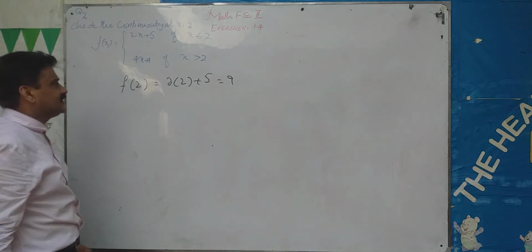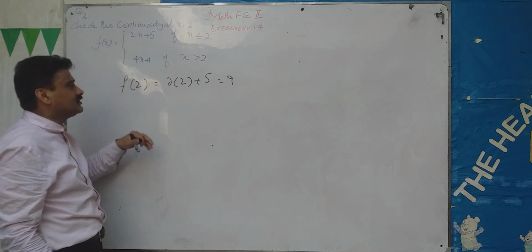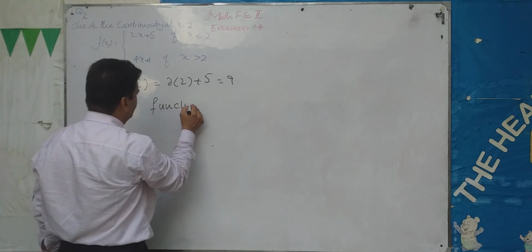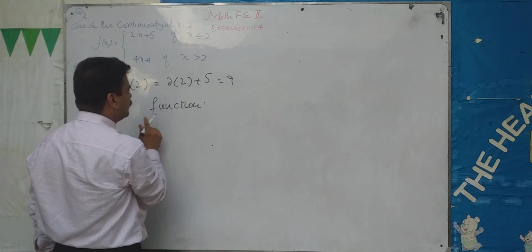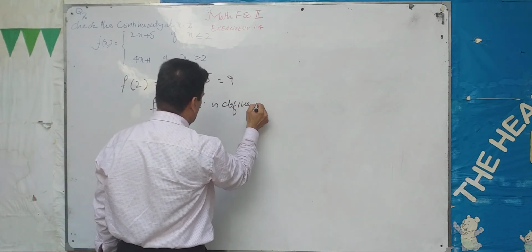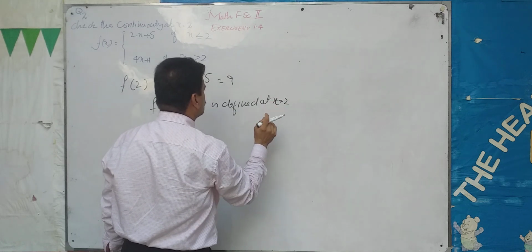This implies that the function is defined. 9 is the value of the function at x equal to 2. The first axiom is satisfied, the function is defined at x equal to 2.